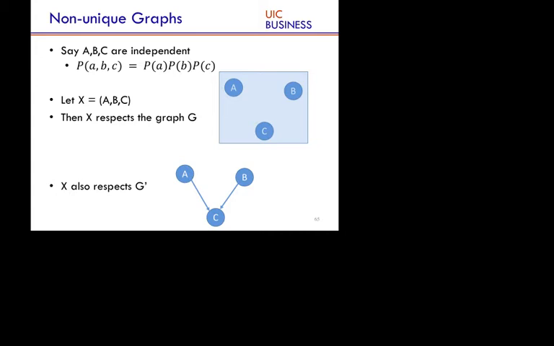Why is that? Now the C factor has A and B as parents.